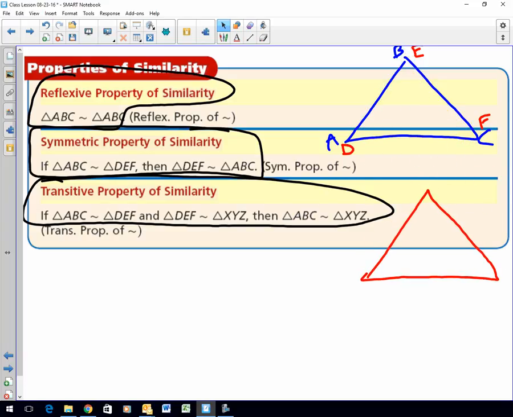What if I move the letters down here? What if it didn't map on there? If I told you triangle ABC is similar to triangle DEF, that means the other side of that is that DEF is similar to ABC. You see the logic coming out of this, right?